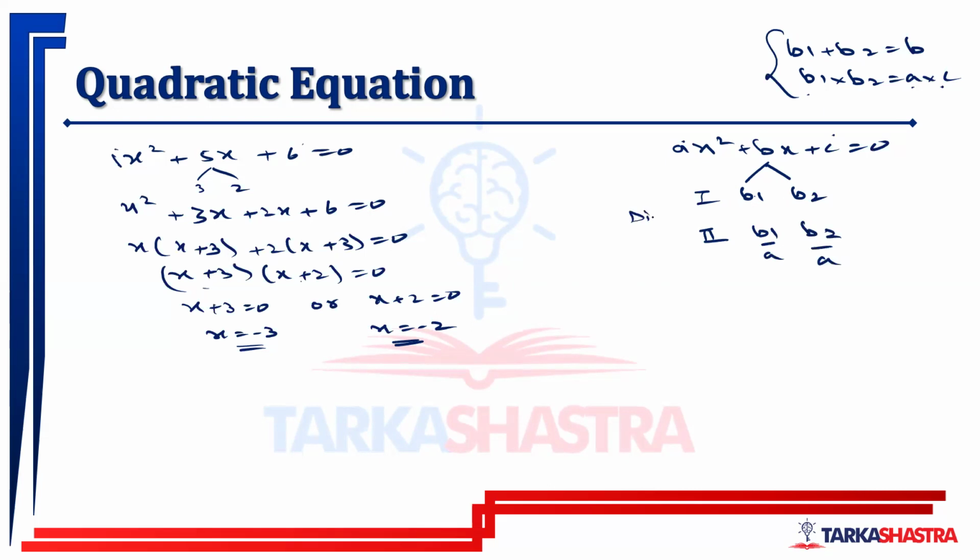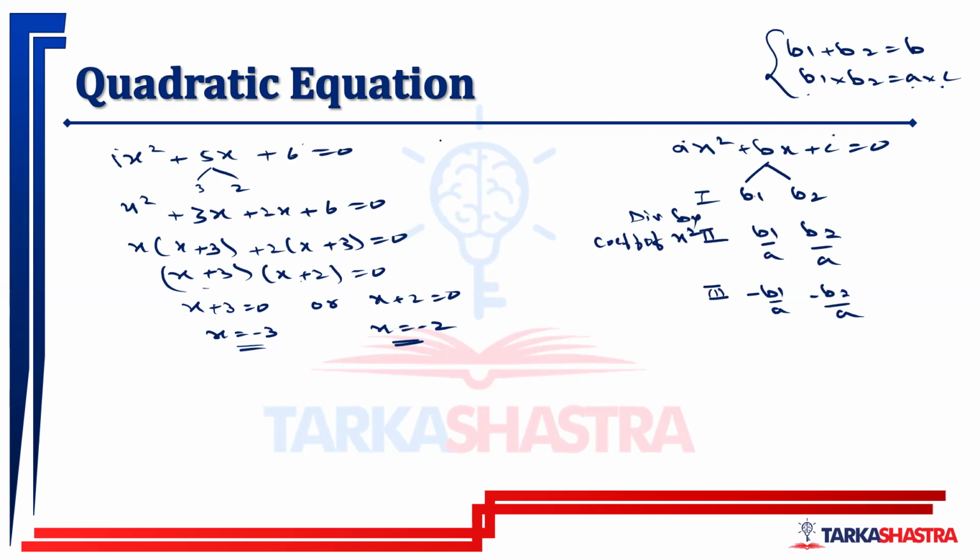We are dividing by the coefficient of x square. And then the third step is minus b1 by a, minus b2 by a. Okay, I hope you have understood this.